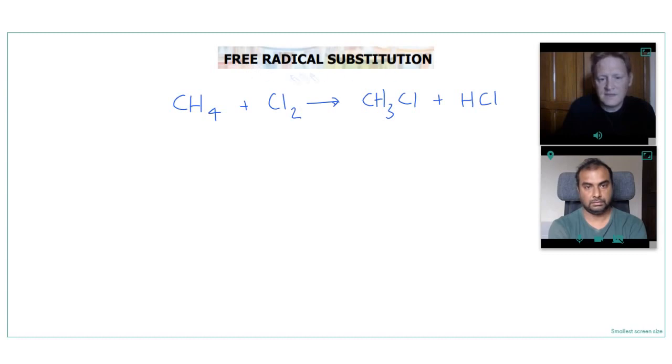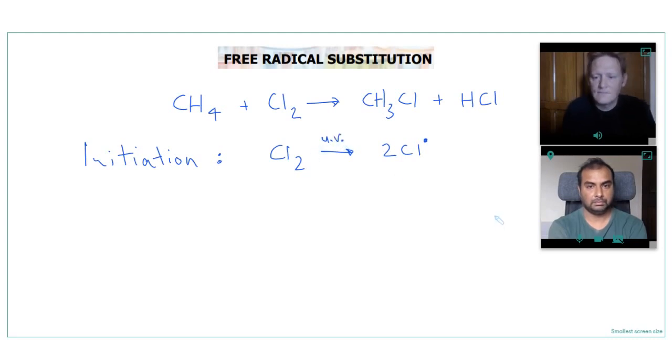Now the mechanism is in 3 steps. So the first step is called initiation. And this is where the free radical is formed. So chlorine turns into 2 free radicals, chlorine free radicals, when UV light is shined on it.